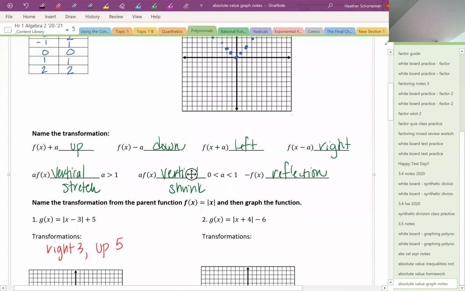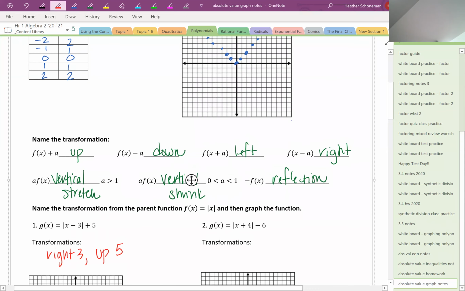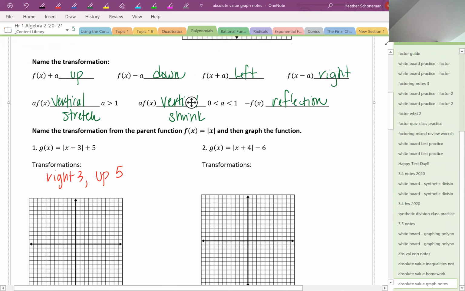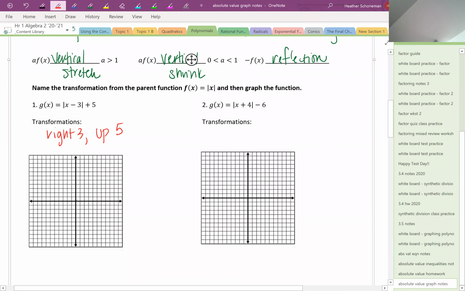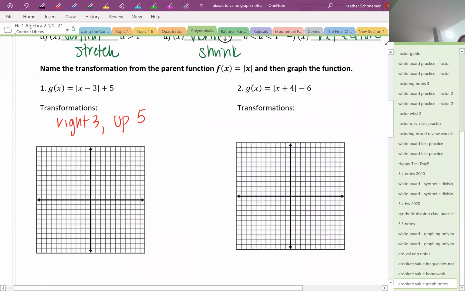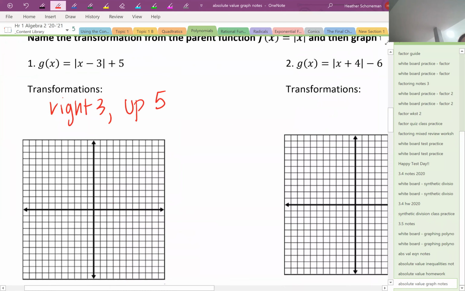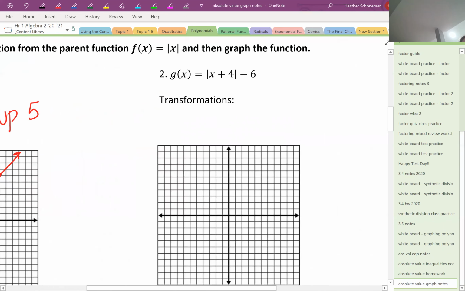Now, normally on a parent function, the vertex is at 0, 0, but now the vertex or the starting point gets moved over right 3, and up 1, 2, 3, 4, 5. Once you have the starting point, we know that the absolute value just goes over 1, up 1, and forms a line in either direction.